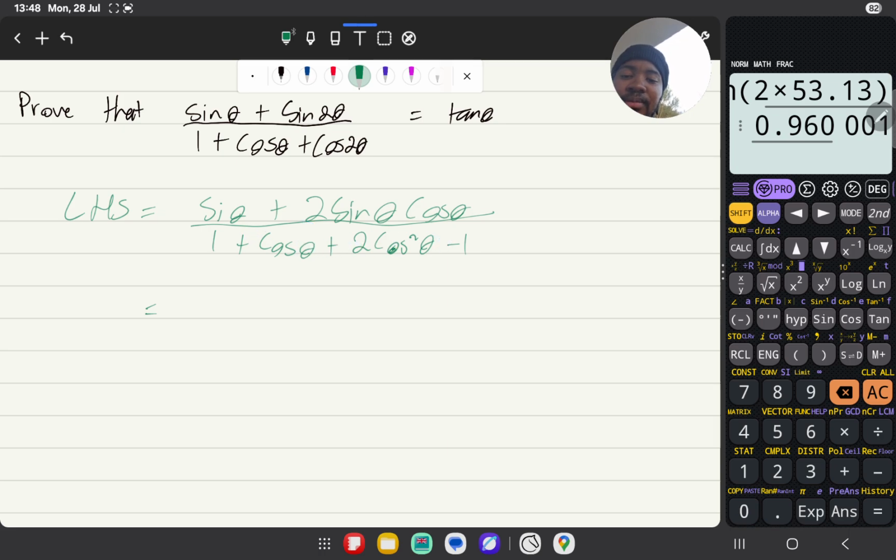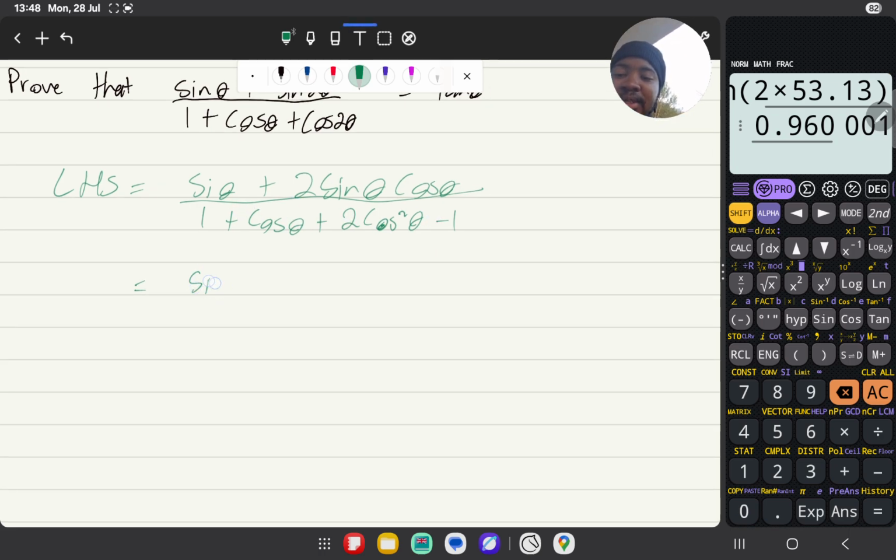So here I have sine theta plus 2 sine theta cos theta, and then I have cos theta plus 2 cos theta.